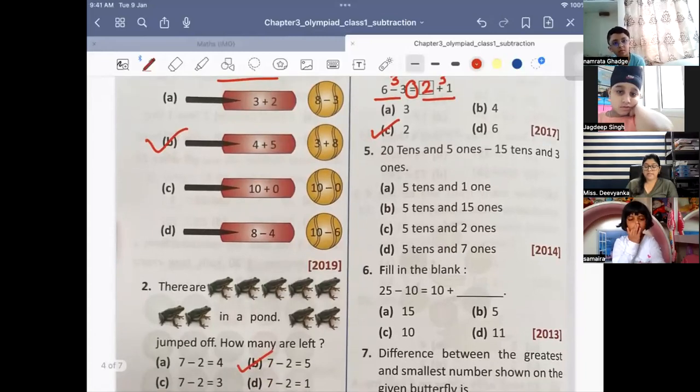And now the last question for today. 20 tens and 5 ones minus 15 tens and 3 ones. So solve it and give me the answer.